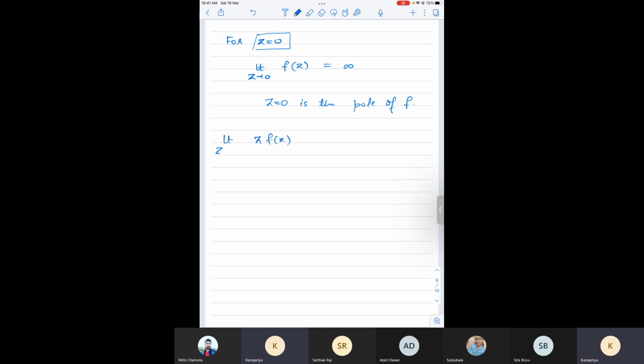First calculate this limit. This will be infinity, and this will be 1, which is non-zero, and this will hold for all n greater than or equal to 2.